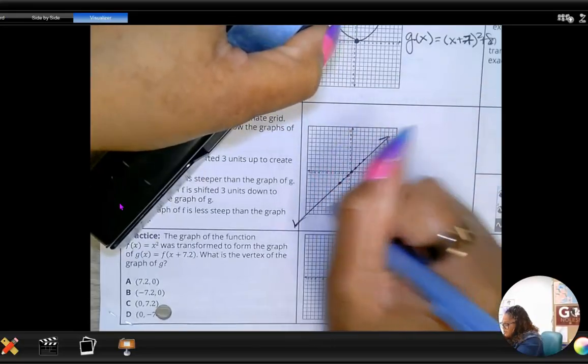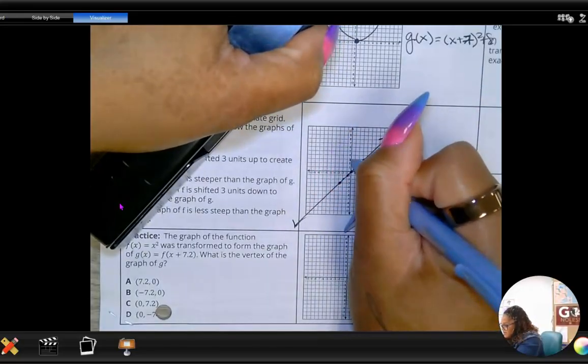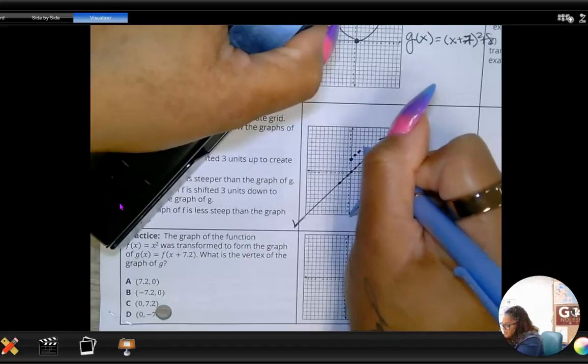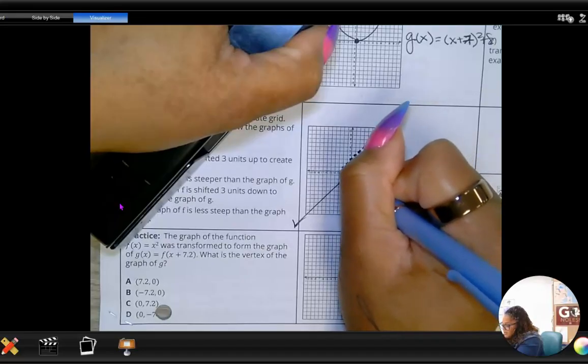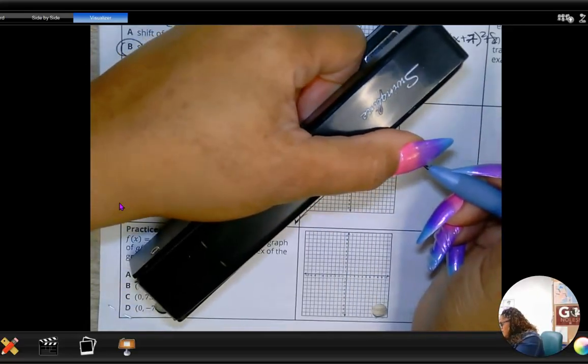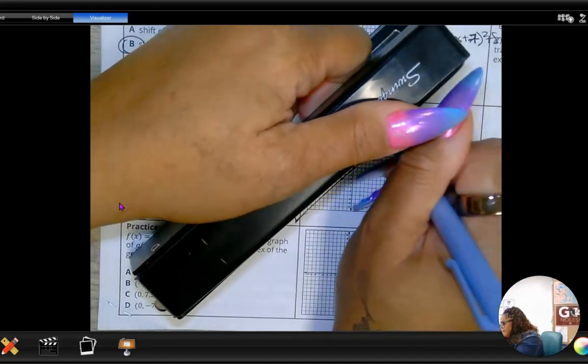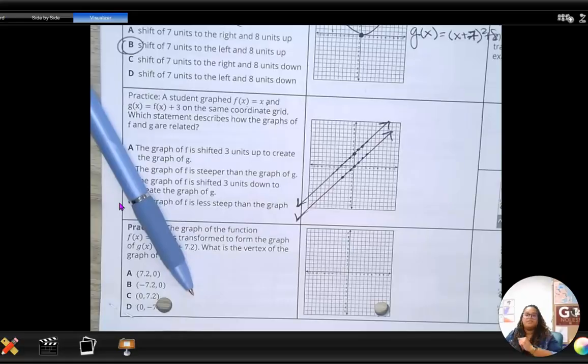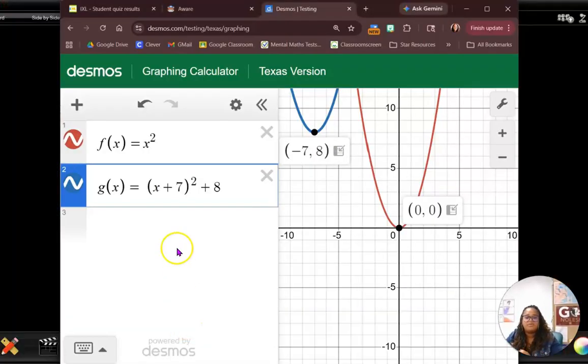And then if it goes 3 units up, 1, 2, 3, that's going to be my y-intercept, and this is going to be my line. Okay, so it looks like it went 3 units up. Let's double check with DESMOS.